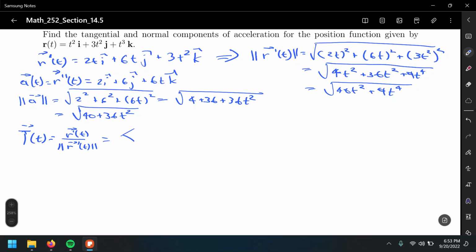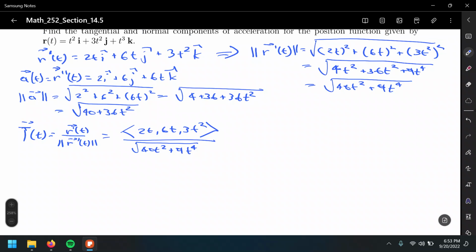I know there's i, j, and k, they look cool, but to make it look more compact, I'm going to go to component form. That's 2t, 6t, and 3t squared, divided by the square root of 40t squared plus 9t to the fourth. And well, no need to distribute for every component, don't worry, so things will go pretty nice from here.